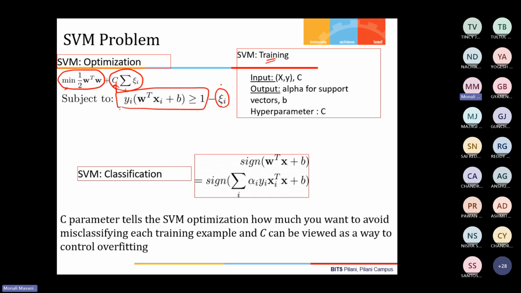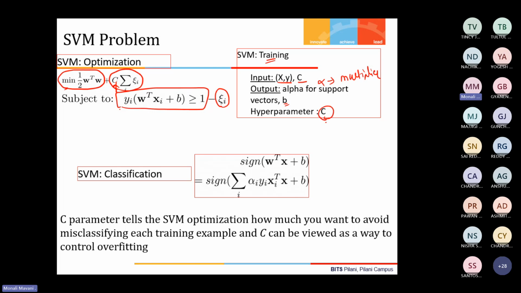So when we do SVM training, we are giving input X and Y. Now we have this regularization constant C. This is not exactly the same as the lambda for L1 and L2 regularization, but later I'll show there's a relationship between this C and the lambda, which you are aware of as the L1 and L2 regularization parameter. This C is slightly different from that. The output will be what? We'll get the alphas, which are nothing but the Lagrangian multipliers, and the bias value.